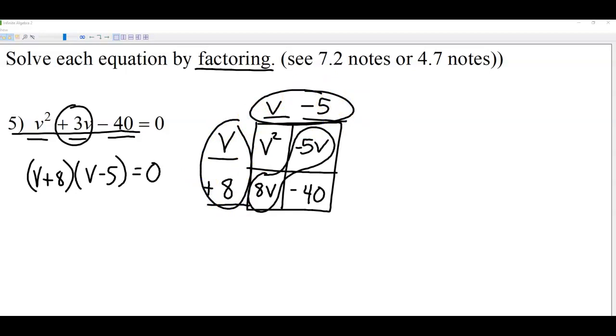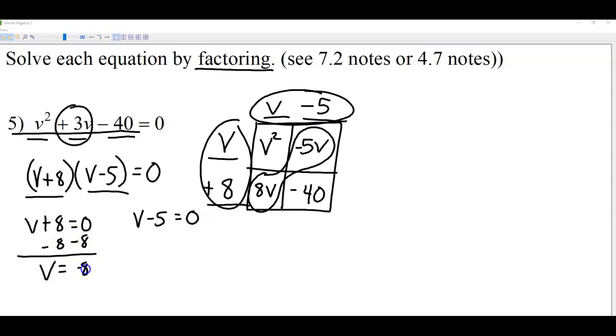The next step after you do the box is to set each one of these factors equal to 0 and solve. So v equals negative 8. And v equals 5. And that's it.